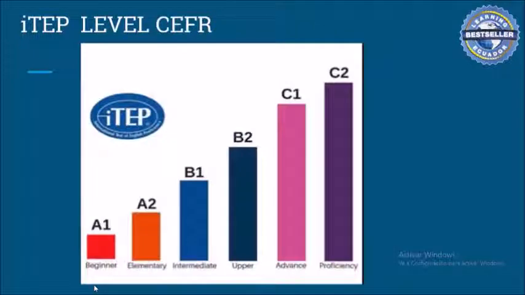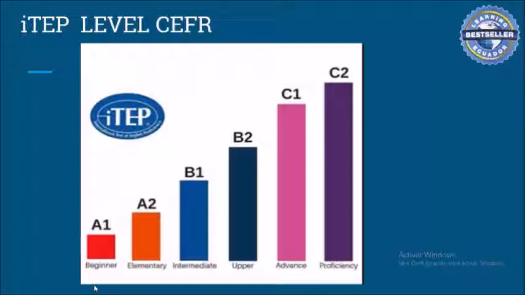Now, let's take a look at the iTEP levels and how they align with the Common European Framework of Reference. As we can see, our beginner is an A1, elementary is an A2, intermediate a B1, upper intermediate a B2, advanced a C1, and proficiency is a C2.